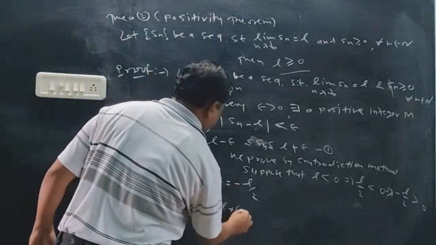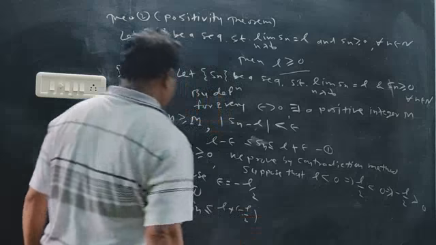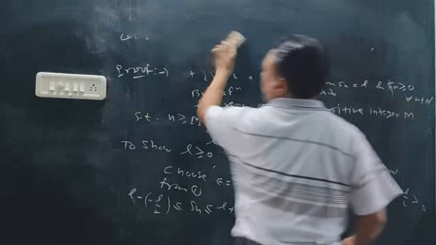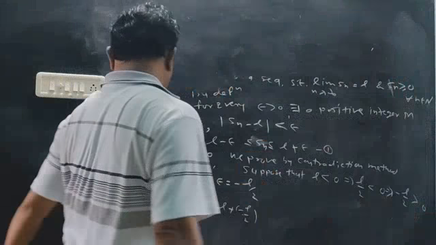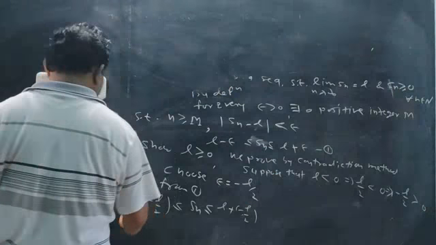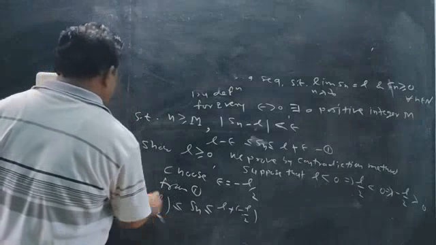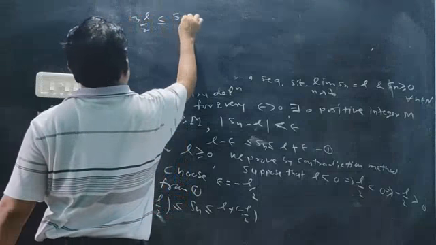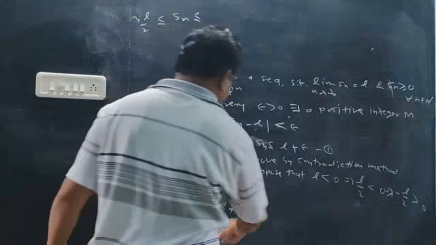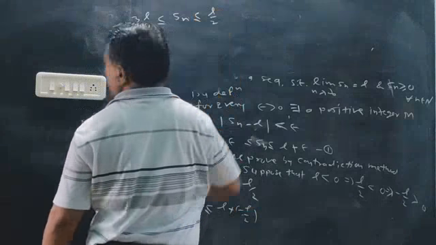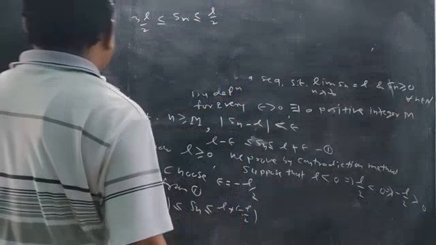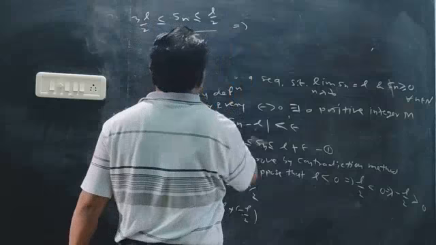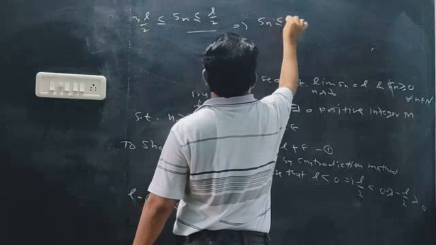So L plus L by 2 gives 3L by 2, and L minus L by 2 gives L by 2. So Sn lies between 3L by 2 and L by 2. From this I want this side: Sn is less than L by 2.